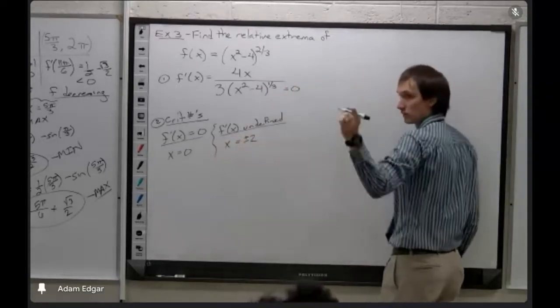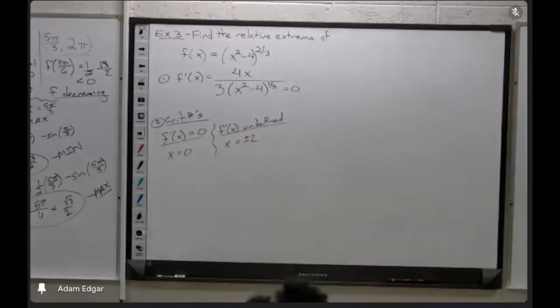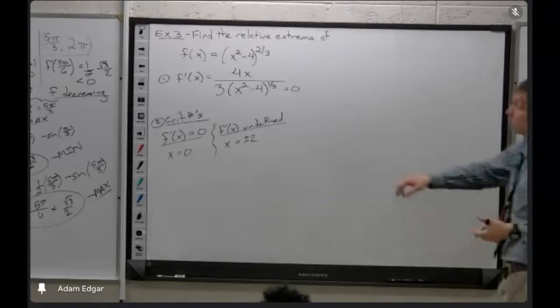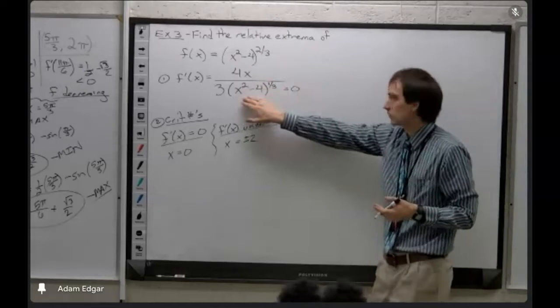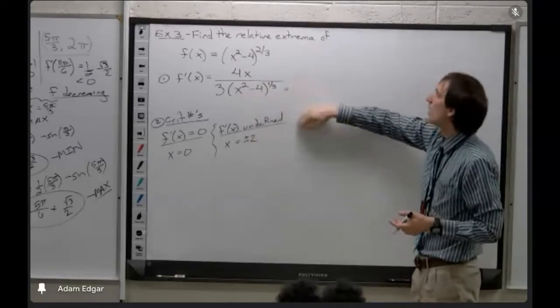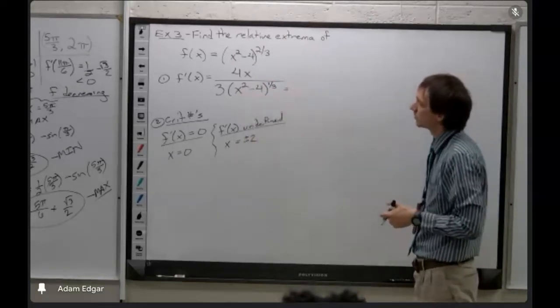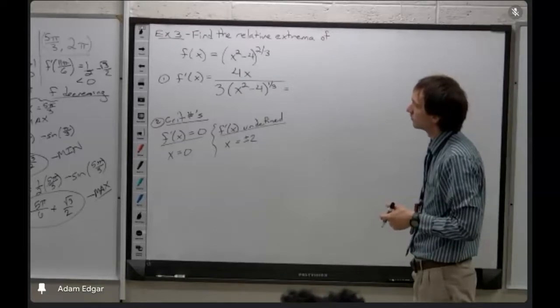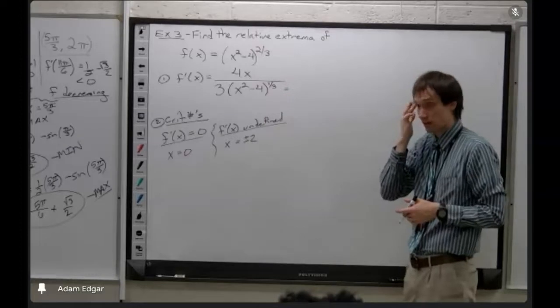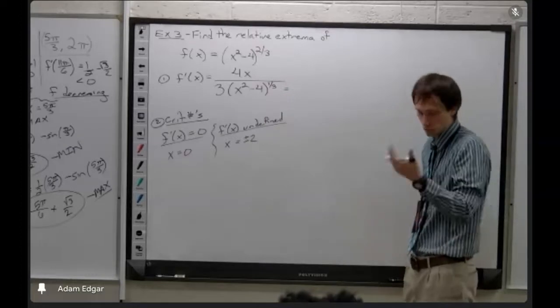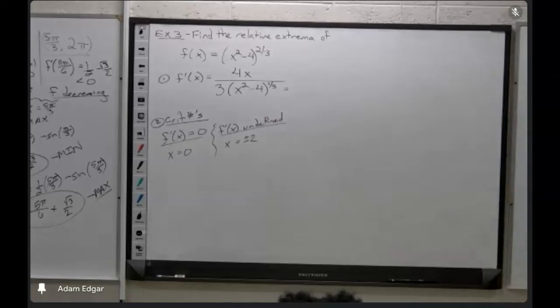Yes, Ryan? So what if you get imaginary numbers in the denominator? Like if you get, say, x squared plus 4, or like if you put 1 in for x. Oh, I see what you're saying. That would be fine because this is a cube root, so you would not get an imaginary number. You can cube root negatives just as well as positives. If it were a square root, yeah, that would be an issue.